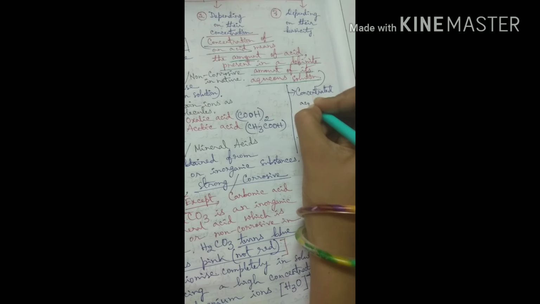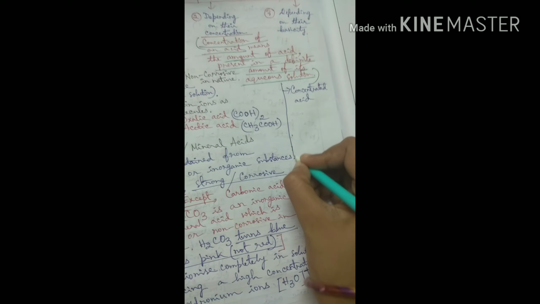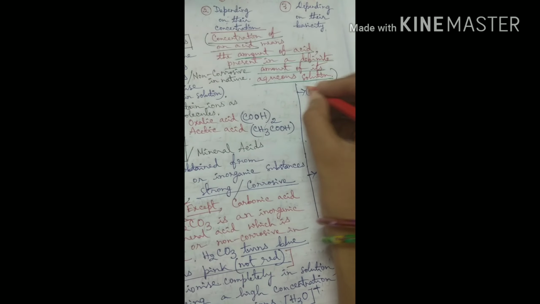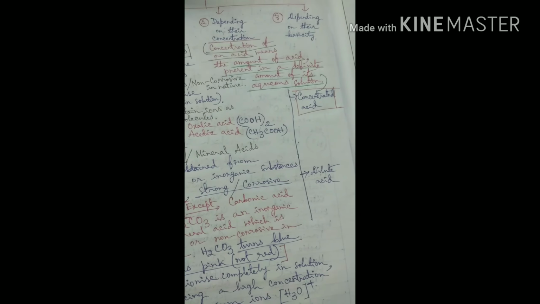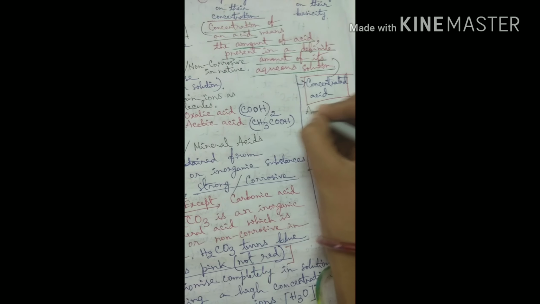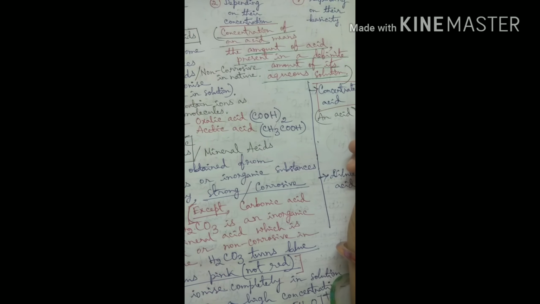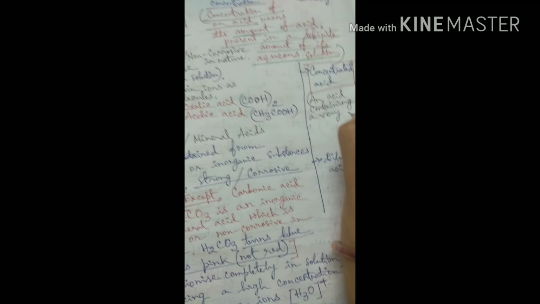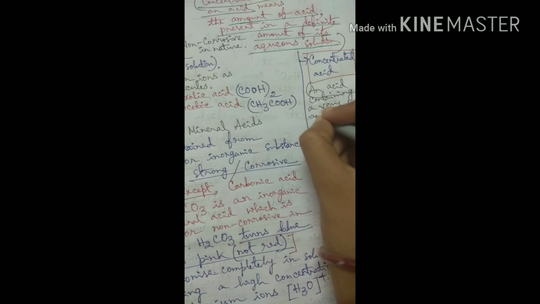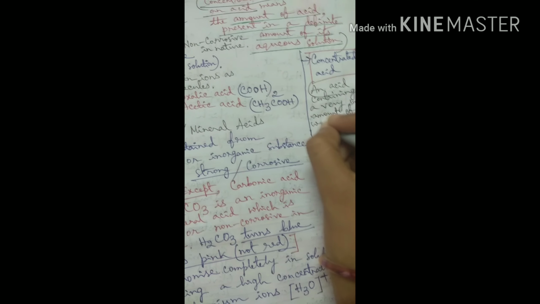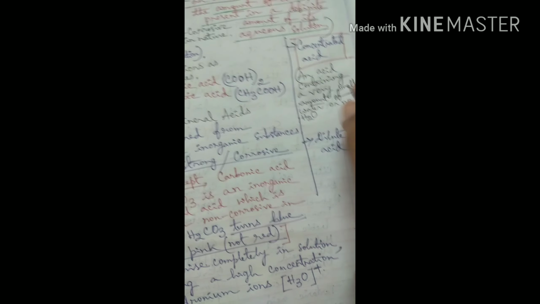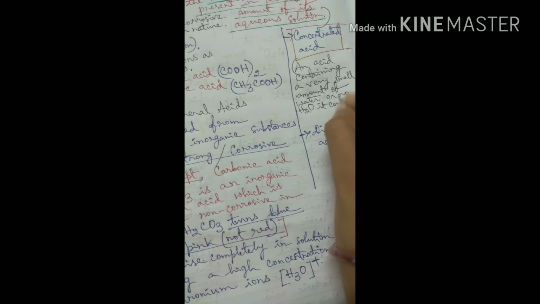Concentrated acid is an acid which contains a very small amount of water, or no water at all.